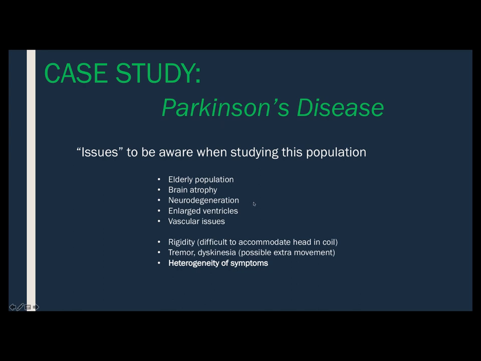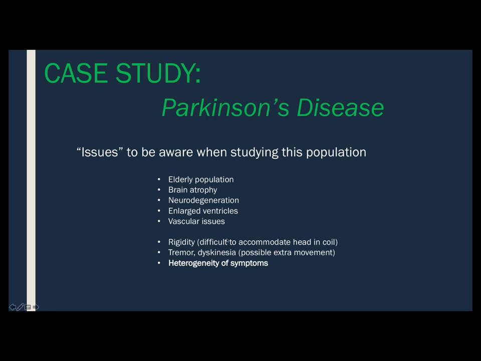We are looking at the neurodegeneration. That is what we are trying to study, but it will also affect, for example, how we normalize our data and what differences we are checking, right? The patients, as they get older, having Parkinson's or not, will have more white matter disease, will have some findings that are not clinically significant, but still would affect the images, and one needs to take that into account.